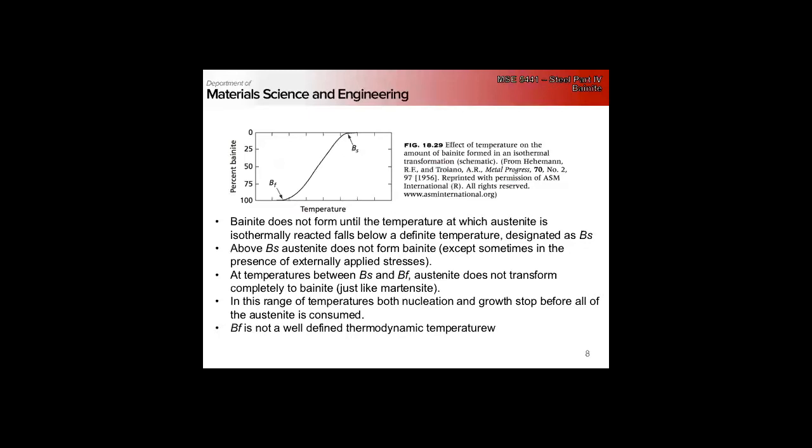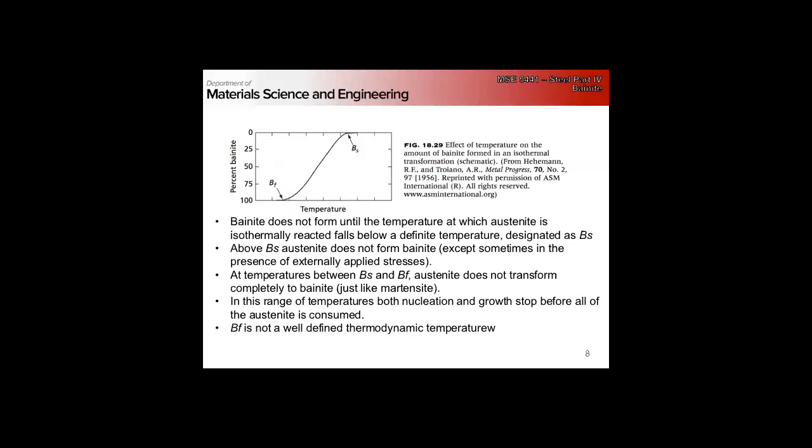So if the reaction doesn't go to completion, that means growth has to stop and nucleation has to stop, right? So what's the driving force to stop this, right? Especially if we're still at a temperature that's below the equilibrium austenite transformation temperature.